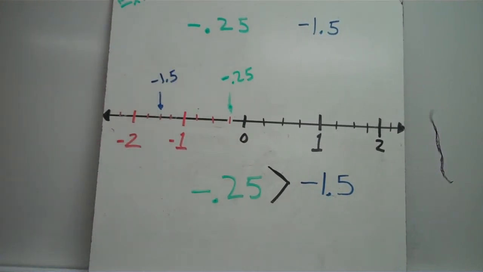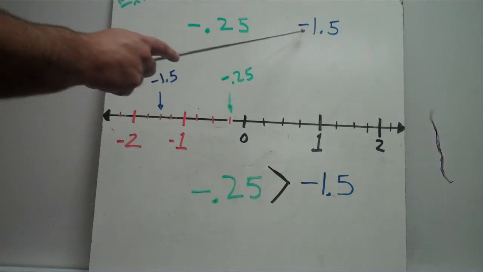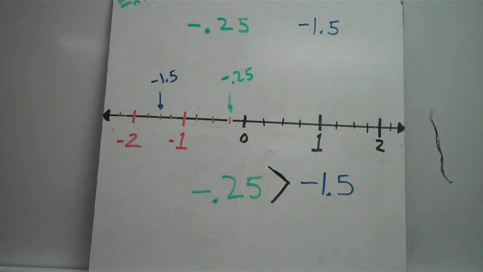So we're going to start off with two decimals. We have negative 25 hundredths and negative 1 5/10. I've provided a number line to show you where these numbers would lie in relation to one another and to the other whole numbers on the number line.